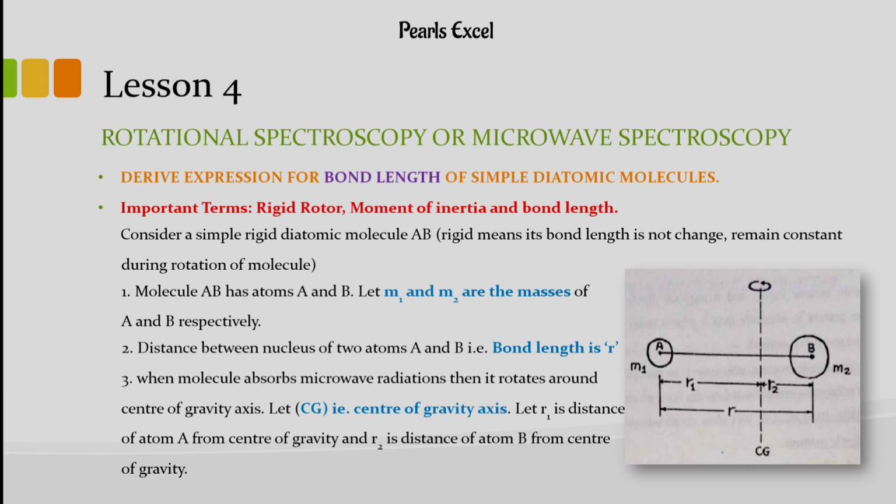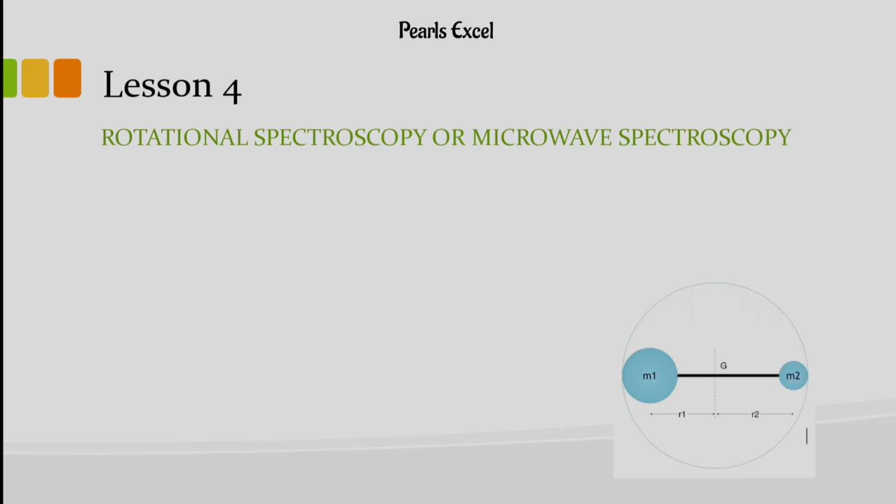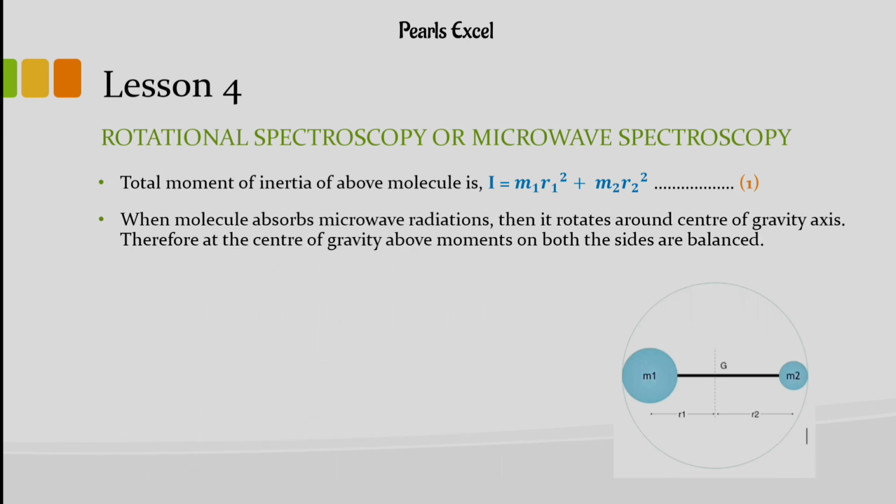Now to actually derive this, we have to consider a formula in which we consider all these masses and bond length. The formula is moment of inertia, I is equal to m1 r1 square plus m2 r2 square. Assign this equation number 1. When the molecule absorbs microwave radiations, it rotates around the center of gravity axis.